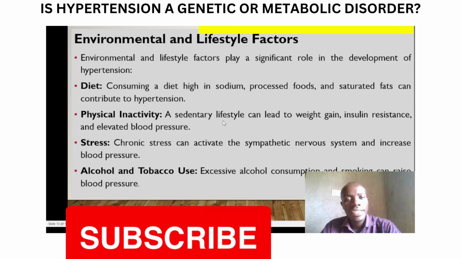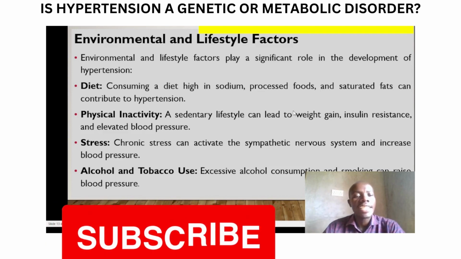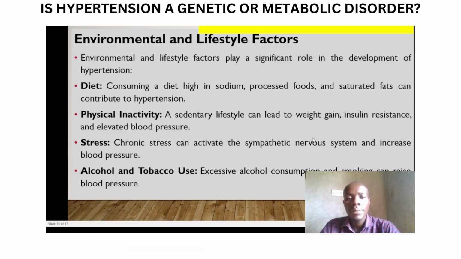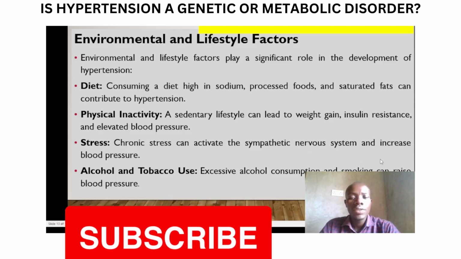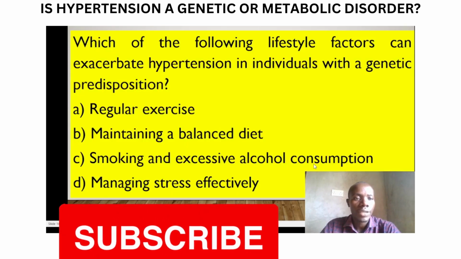Equally, a sedentary lifestyle can lead to weight gain, insulin resistance, and elevated blood pressure. Chronic stress can activate the sympathetic nervous stimulation, release of catecholamines, which eventually leads to an increase in heart rate, increasing the blood pressure. Use of tobacco and excessive alcohol consumption can raise the blood pressure.